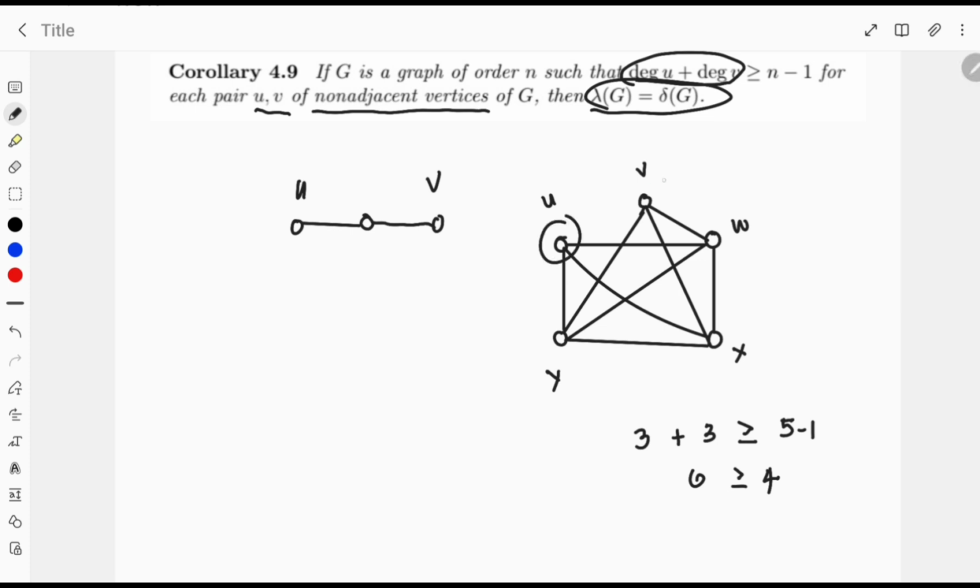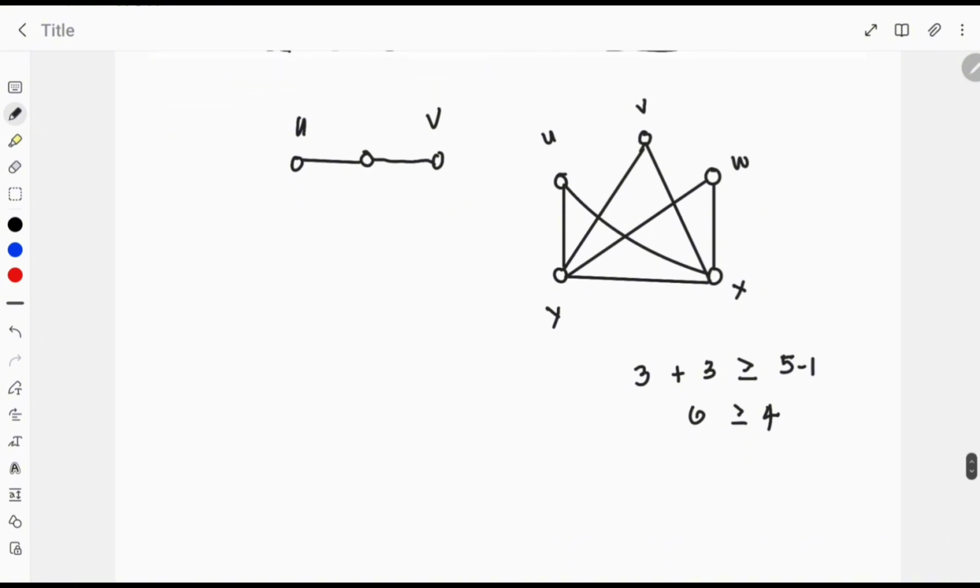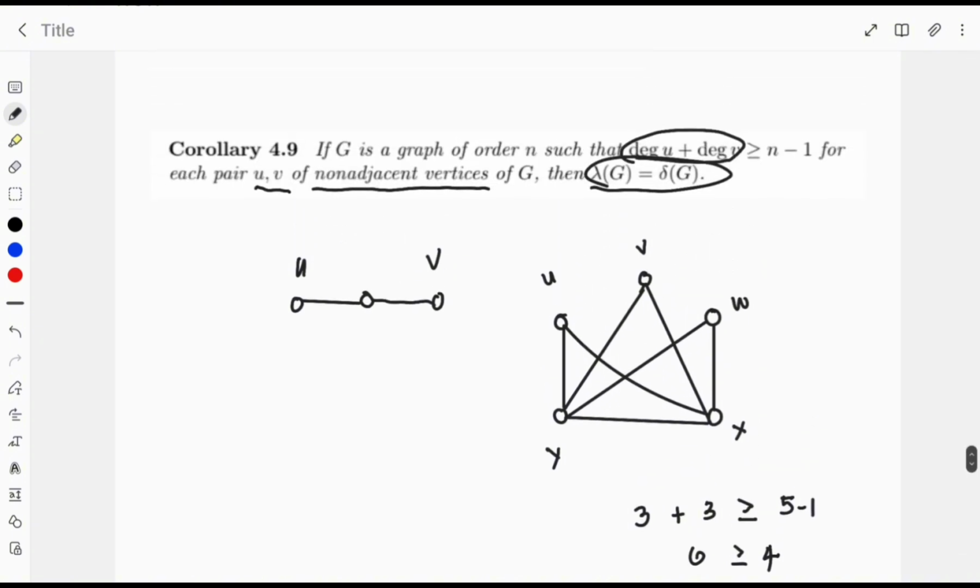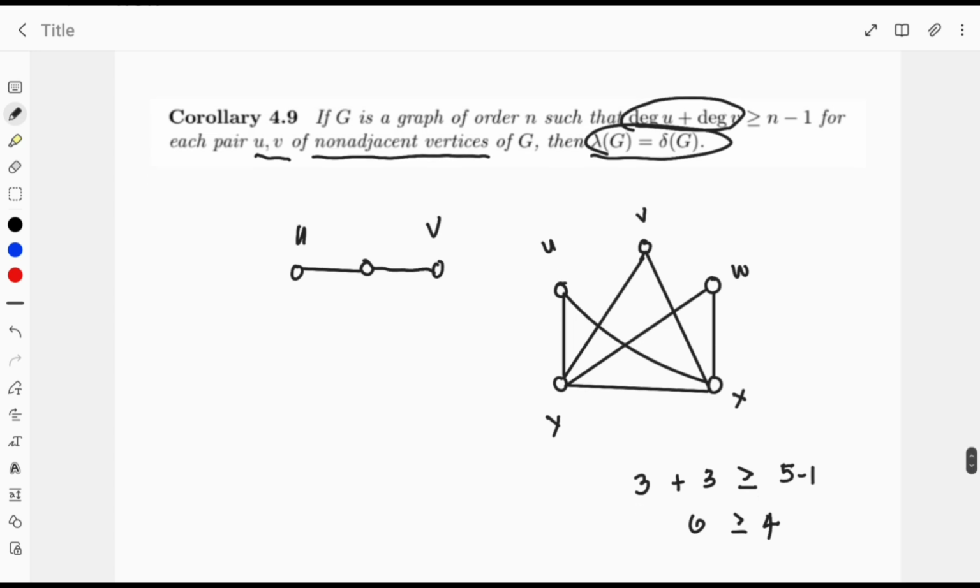And here, they are not adjacent. Okay, suppose that this one is also not connected. Let's go back.